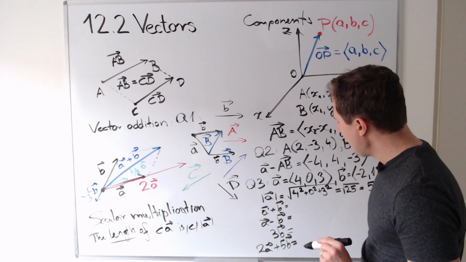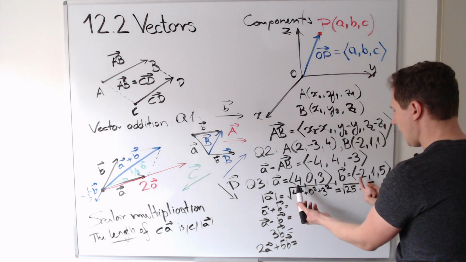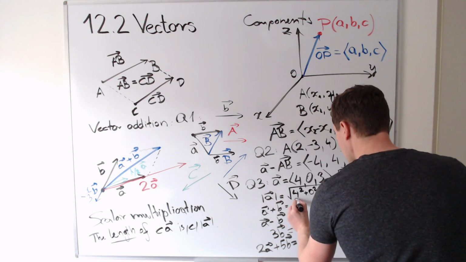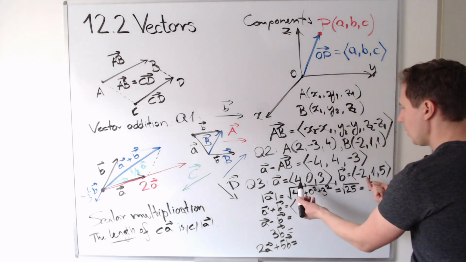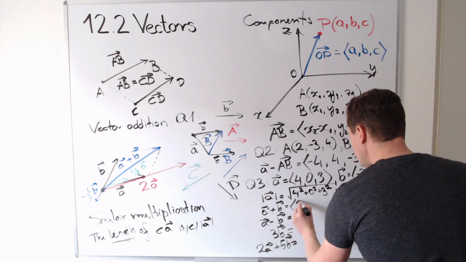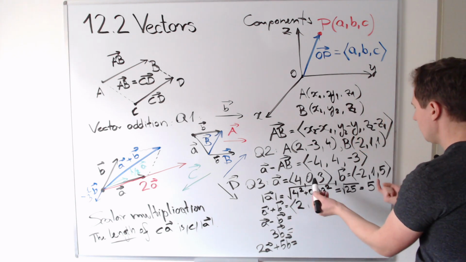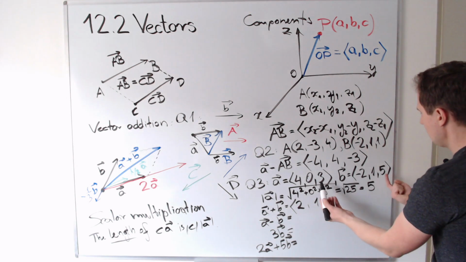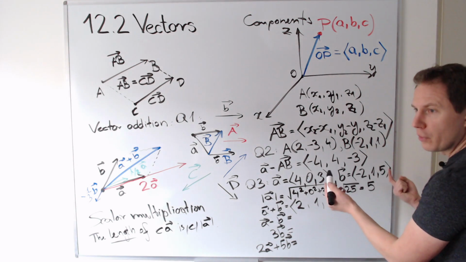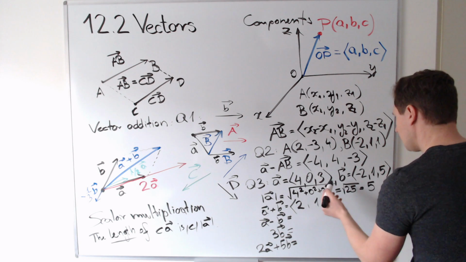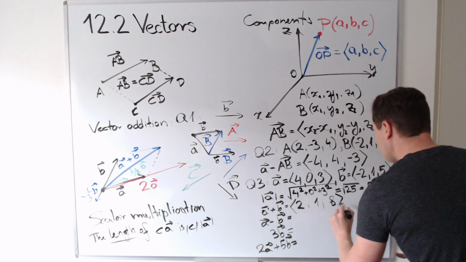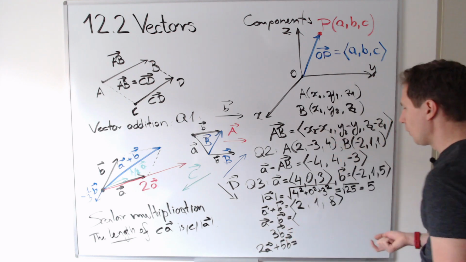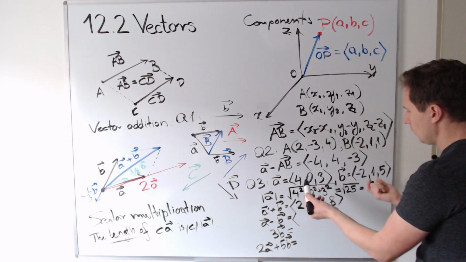Now if you add A and B, all you have to do is just add the corresponding components. So 4 plus -2 gives you 2 for the x component, 0 plus 1 gives you 1 for the y component, and 3 plus 5 gives you 8 for the z component. Now for the difference you do a similar thing, but you subtract the corresponding components.